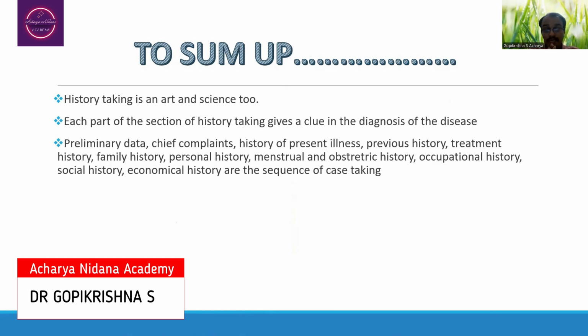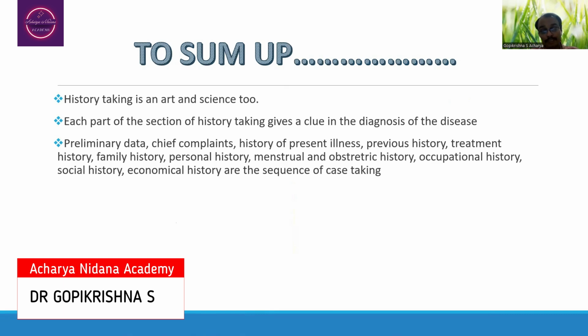And the structured case sheet, in terms of the case history taking, has the following headings: preliminary data, wherein name, age, gender, residence, occupation, and Vyadhi Vinishchaya will be recorded; and chief complaints, which are recorded in the patient's own words in chronological order.